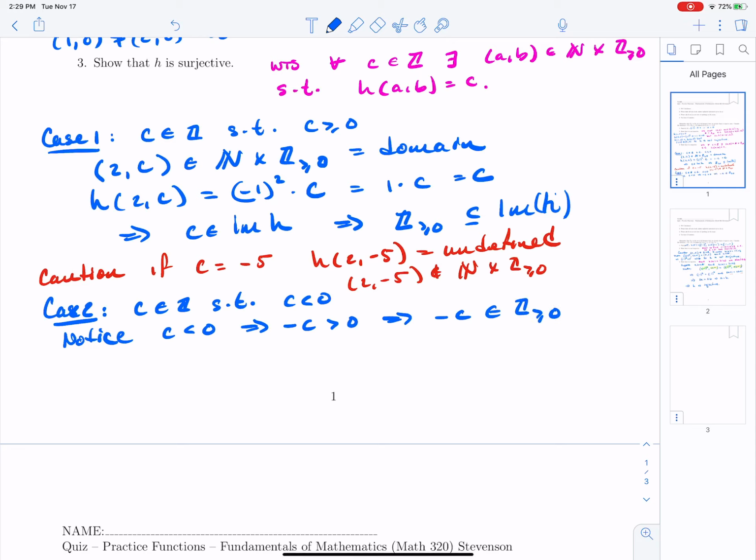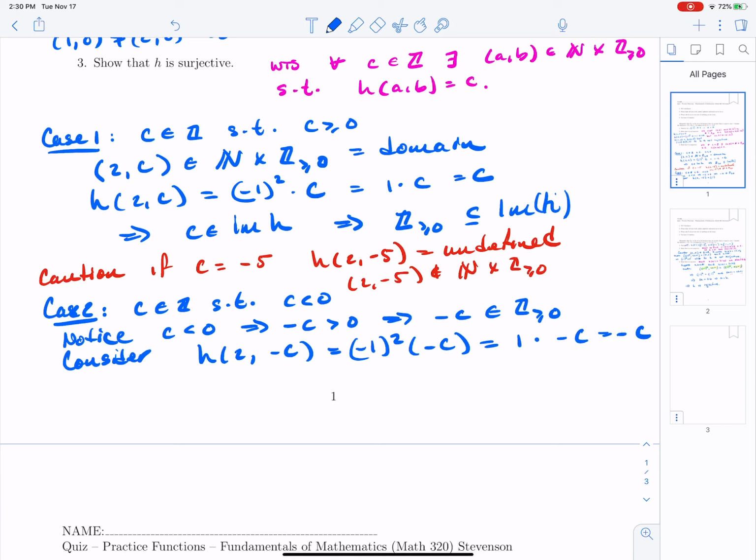It's also in the set strictly greater than 0, but that's not what I care about. So consider now, if I just take h of (2, negative c), that would be (-1)^2 times negative c, which would be 1 times negative c, which would be negative c.